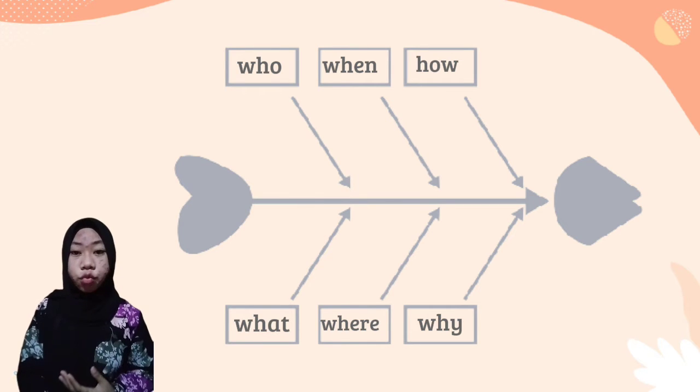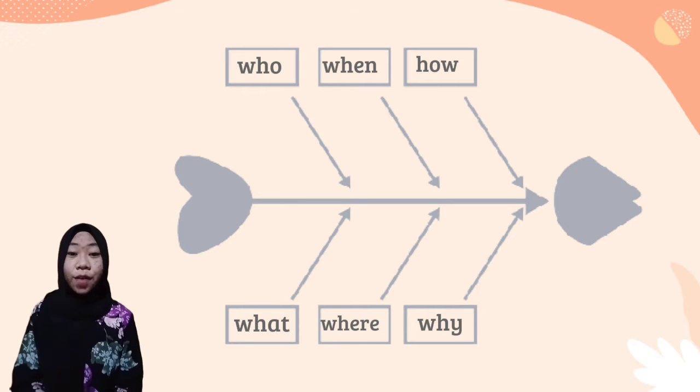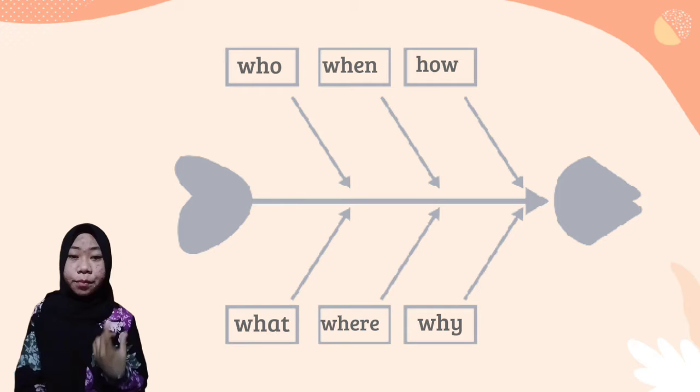Using the answers to why questions, the students write the main idea across the backbone of the fish diagram. An Ishikawa diagram, also called a fishbone diagram, herringbone diagram, or cause and effect diagram, is a diagram created by Kaoru Ishikawa that shows the potential causes of a particular event.